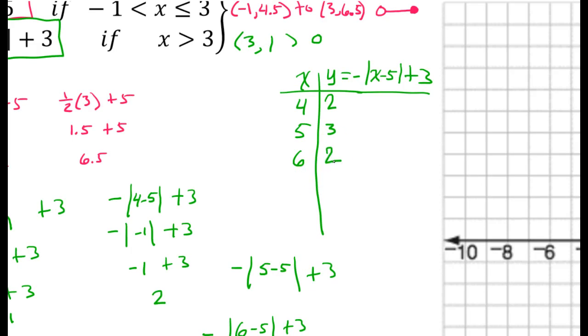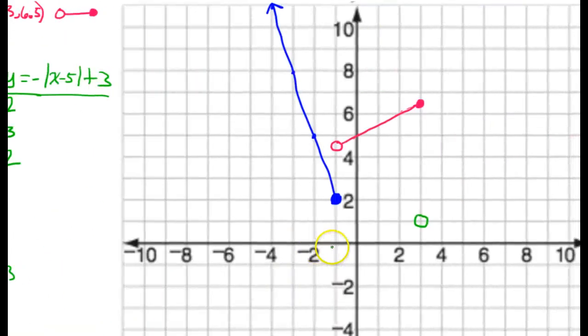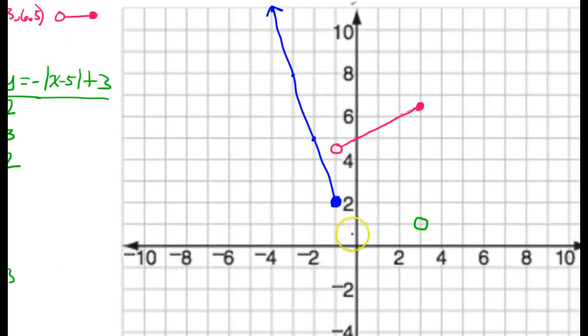Boom. Okay, so let's plot those points. So I have 4 comma 2, and I have 5 comma 3, and then I have 6 comma 2.